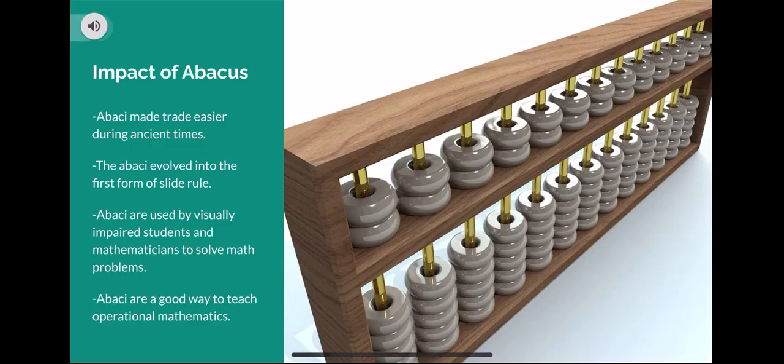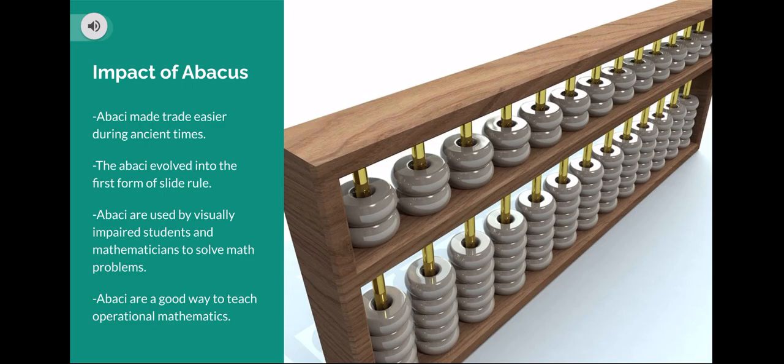So the abaci made ancient trade a lot easier because you have merchants who are now able to complete mathematical calculations with a tool instead of doing them all manually. Abaci also are basically the inspiration for all electronic calculators, and they eventually evolved into what we saw as the first form of the slide rule.